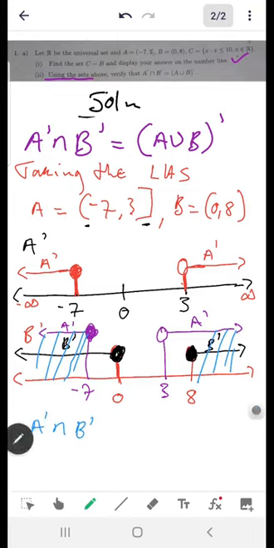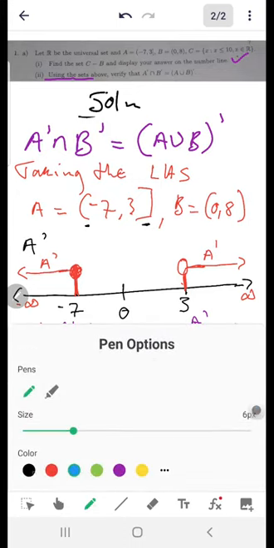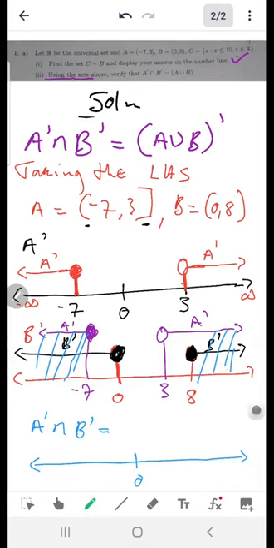If we illustrate this using the number line, we draw that side, we demarcate 0 there. These guys are meeting on this part, which is 8, and 8 is part of the answer, and they're going this side, positive infinity.